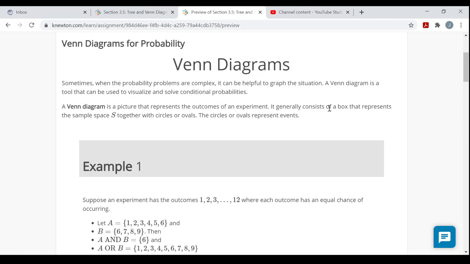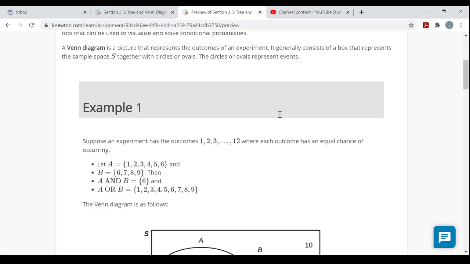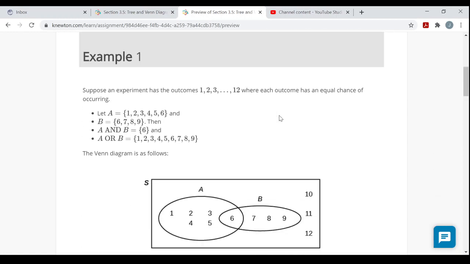It generally consists of a box that represents the sample space, S, or the universal set, the set of all possible outcomes, together with circles or ovals. The circles or ovals represent events, sets of outcomes. So look at this first example. Suppose an experiment has the outcomes 1 through 12, where each outcome has an equal chance of occurring.